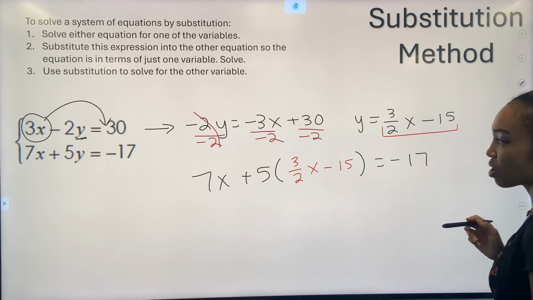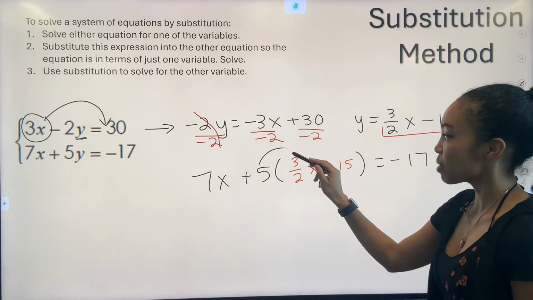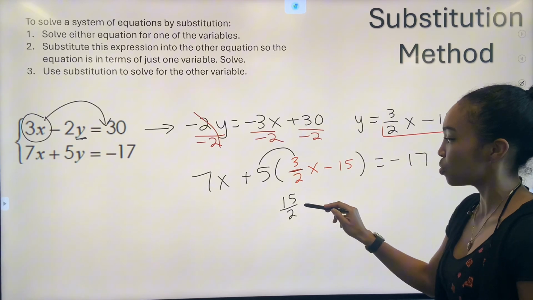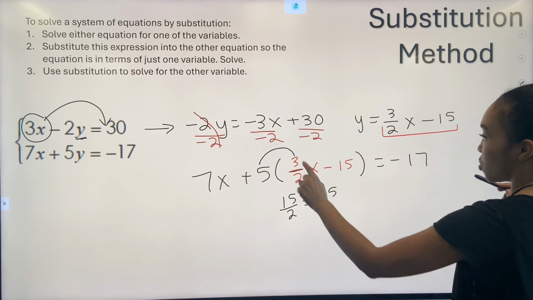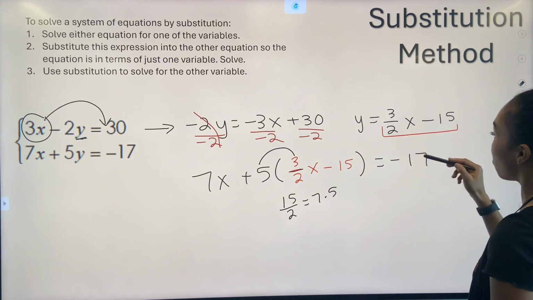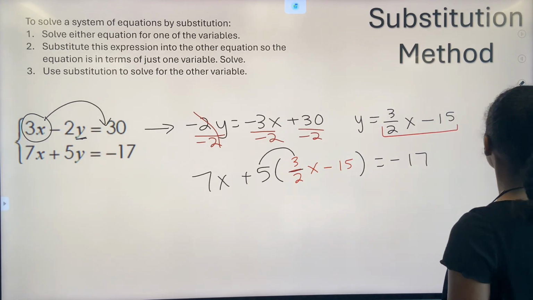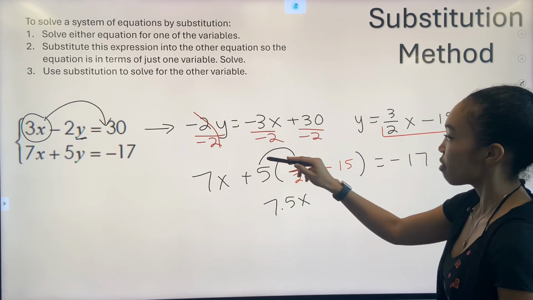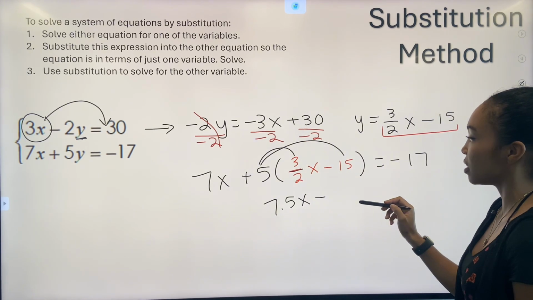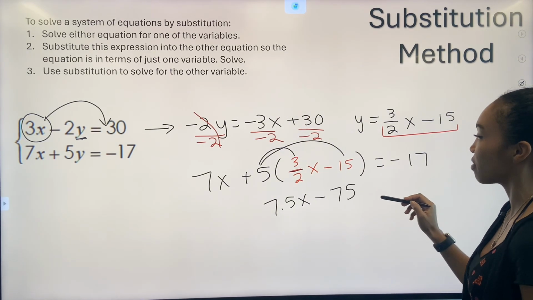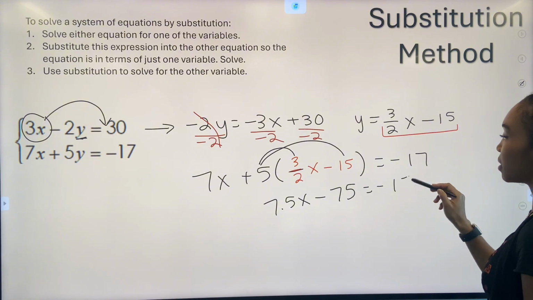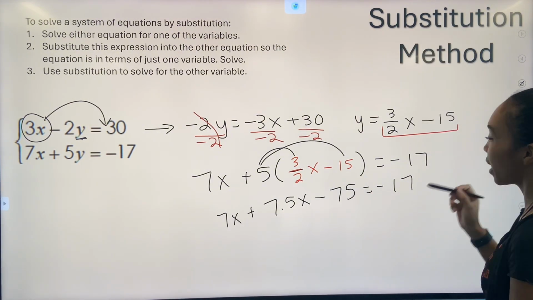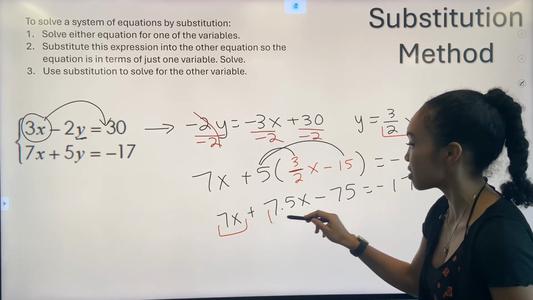So I'm going to go ahead and solve for x. 5 times 3 is 15, divided by 2 is 7.5. So this becomes 7.5x. 5 times negative 15 is negative 75. Everything else can just come down. Now I'm going to combine like terms. These both have x's on them.